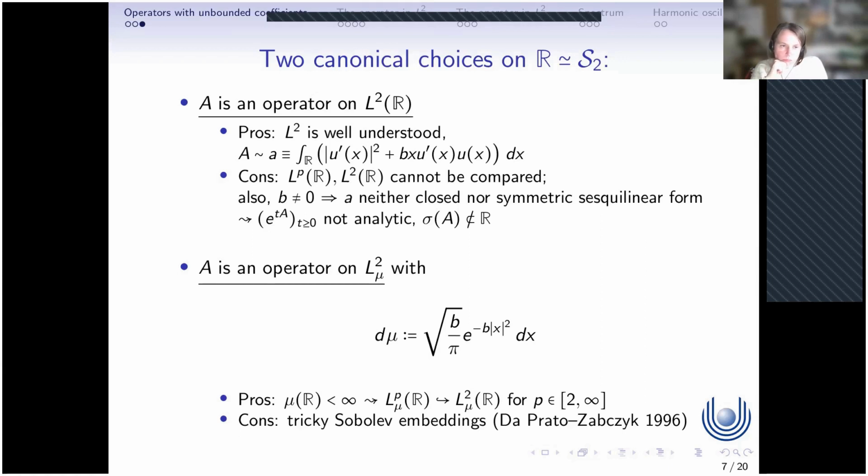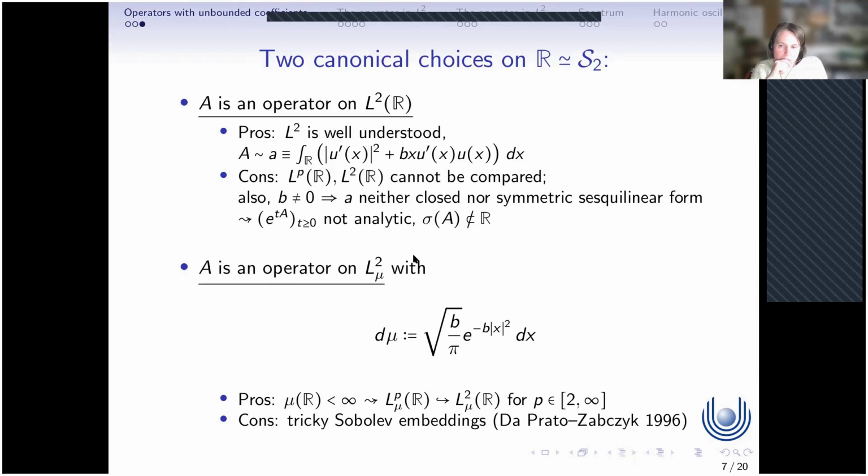In fact, not even an analytic semigroup, because the form turns out to be not closed. And also, you can see that the semigroup doesn't have nice properties, and the spectrum is not a subset of R. It doesn't have purely real spectral values.